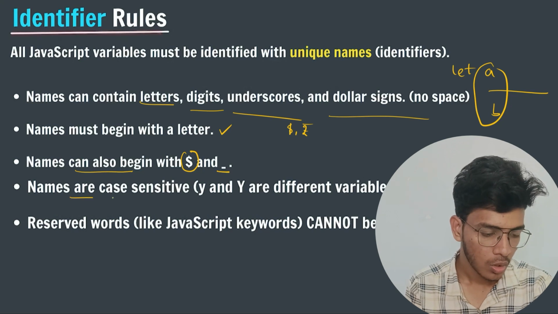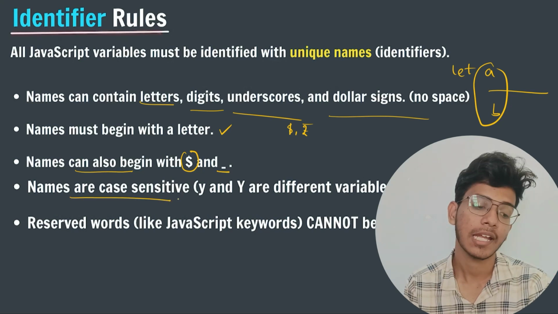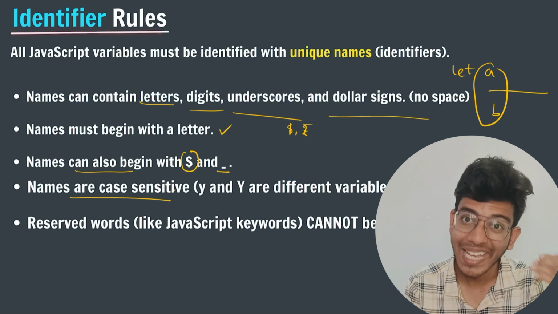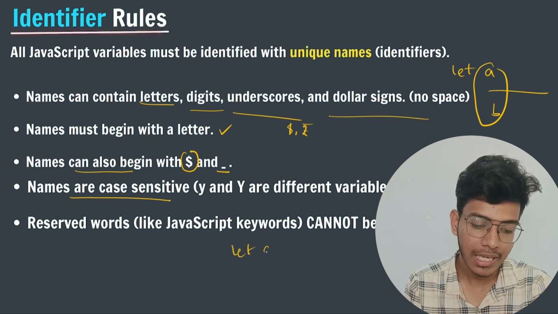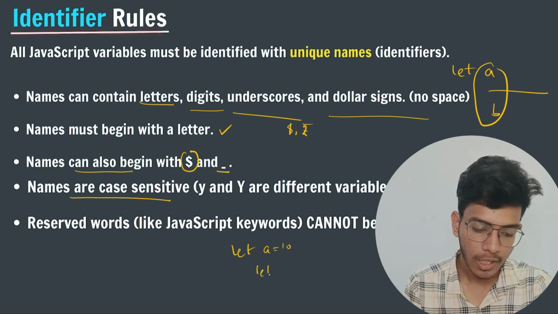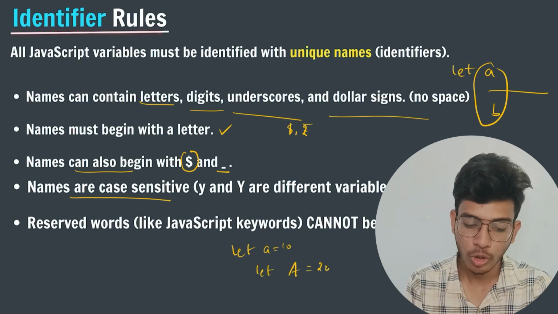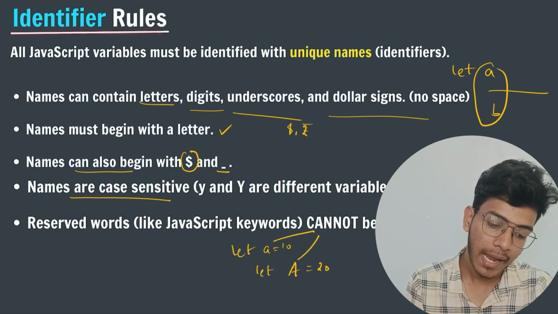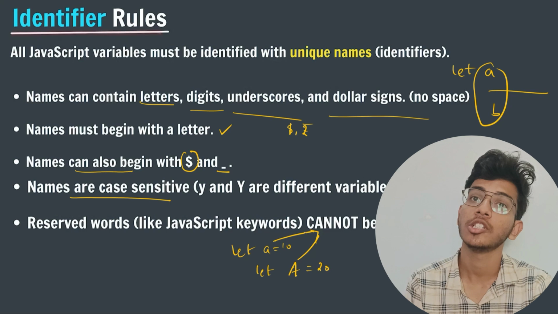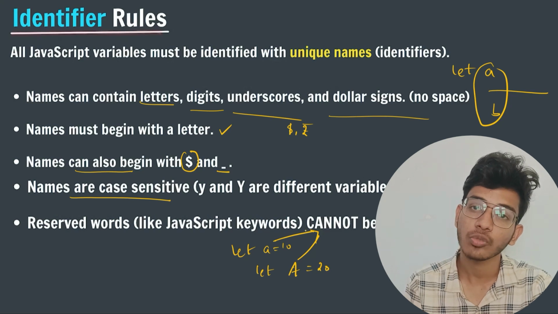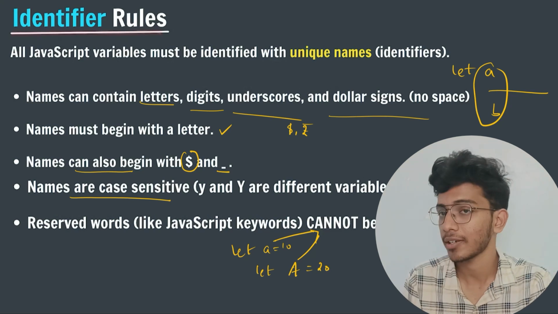Now this is the main thing, which is JavaScript is a case sensitive language. For example, let's say I'm giving A is equals to 10 and after that let capital A is equals to 20. So this A and this A are two different variables. Why? Because the cases which we are using are different.